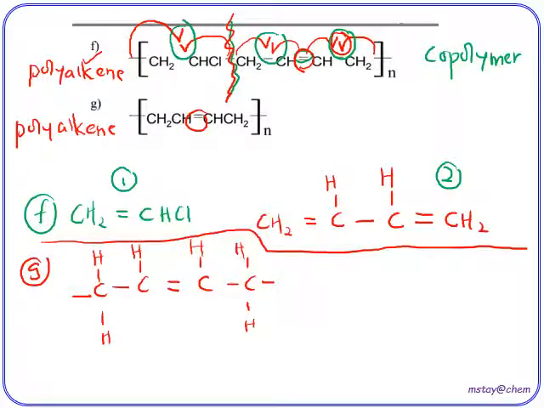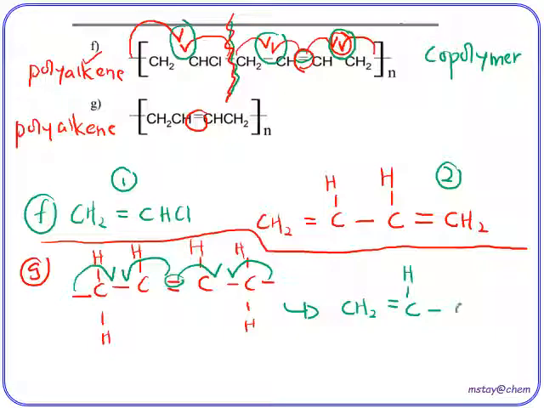Okay, now we look at G. For G here, we will go back to here, and then this one will be in here. This one breaks down over here and comes back to here. So now the monomer supposedly will be CH2 double bond CH, then a single bond because this one already broke down, and then CH double bond CH2.